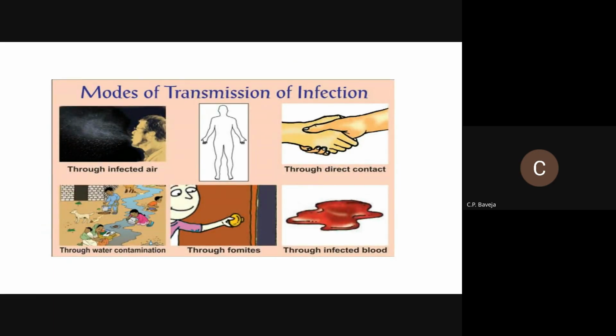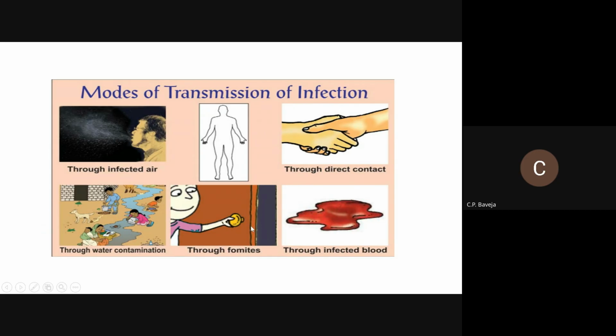Then mode of transmission of infection. These photographs show some of the modes of infection. As I told you, hands are very important for transmission of infection, so through direct contact. Another is through infected air: an infected person suffering from some disease leaves droplets in the air. And through contaminated water, when persons use that water.